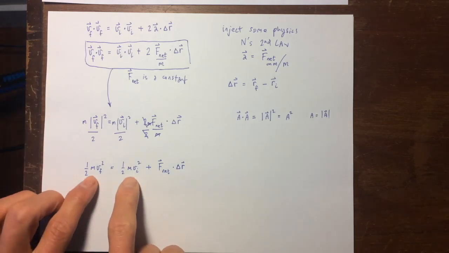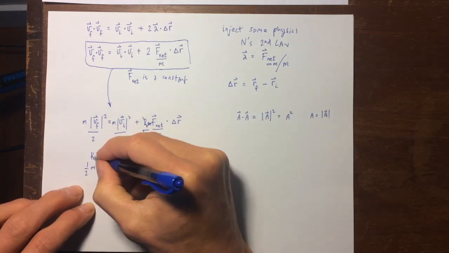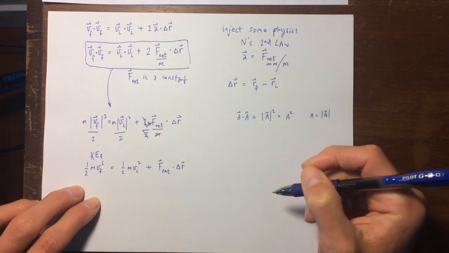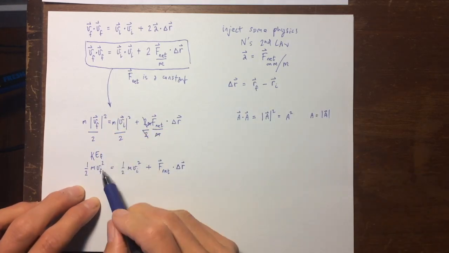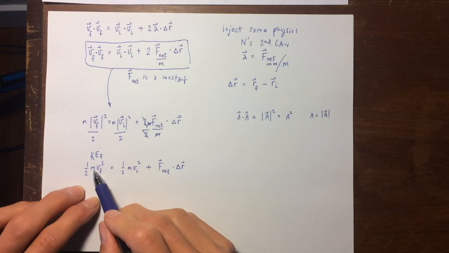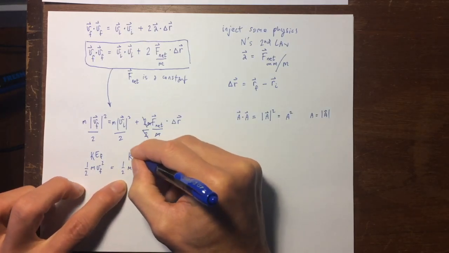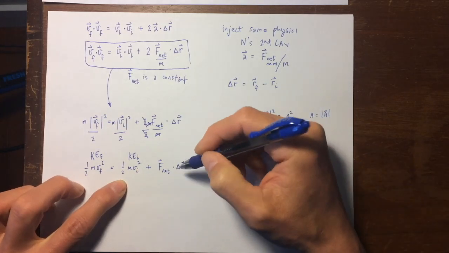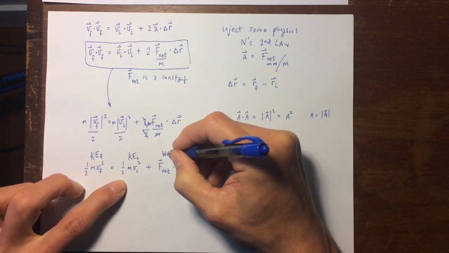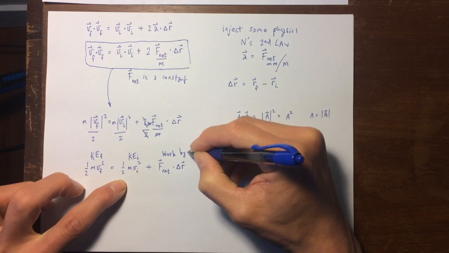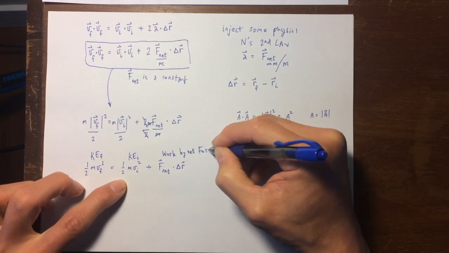And now you can see that this is the final kinetic energy. This is the definition of the final kinetic energy: the final velocity squared times the mass of the object times the factor 1/2. And this is the initial kinetic energy. And this right here is what's called the work done by the net force.